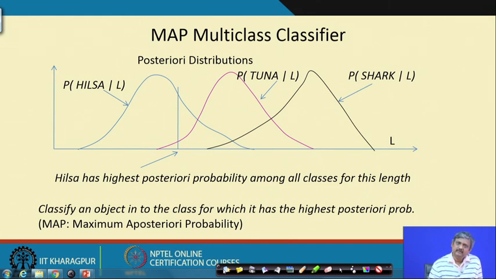So, now you may ask the question that, well, you say that this is the best classifier, this has the minimum error. So, why not use this always? Why do I use a decision tree or say a support vector machine or something? Why not always use the base classifier?